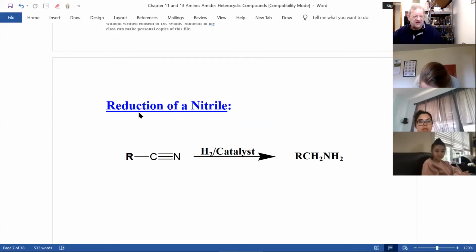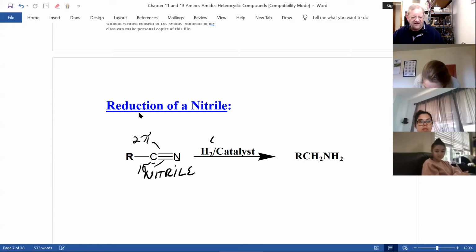And if you notice here, this is a nitrile. I'll never ask you what its name is. And by the way, nitriles have IUPAC rules for how to name them, but I won't. But if you notice, it's a triple bond between carbon and nitrogen, which means it's got 2 pi bonds and 1 sigma bond.